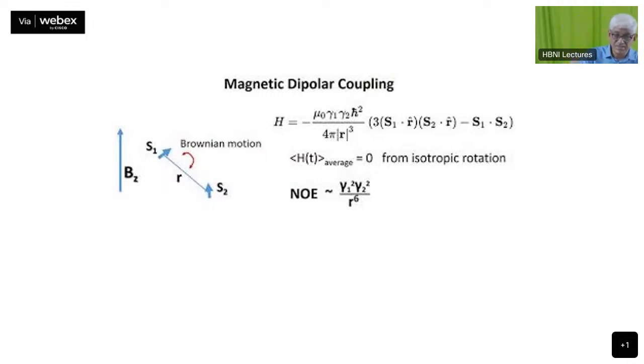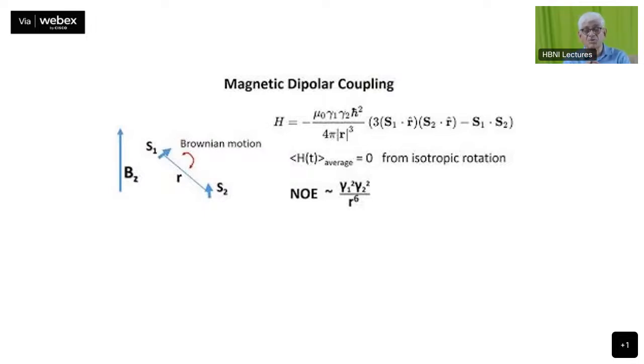So the Hamiltonian which defines the interaction is given by this. We need not go into the details of that. This Hamiltonian averages to 0 for isotropic rotation. When there is free tumbling inside the solution, the dipolar coupling gets averaged out to 0. Therefore, it will not result in any splitting of the lines.